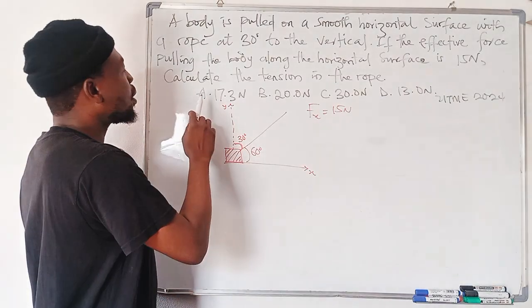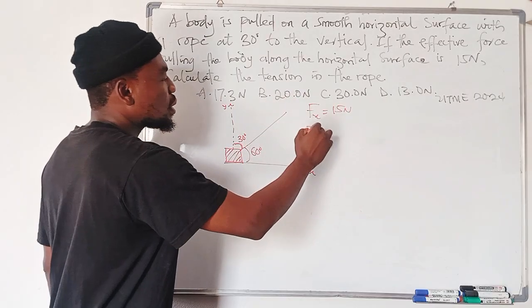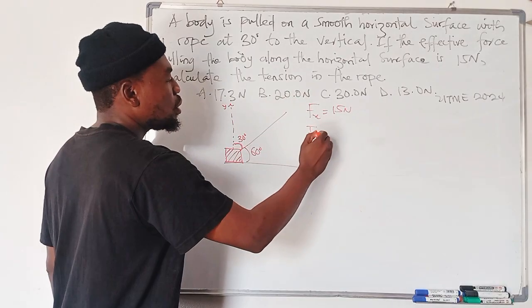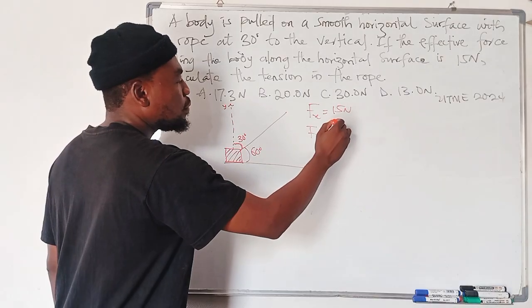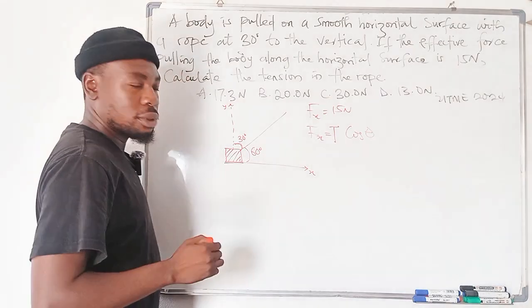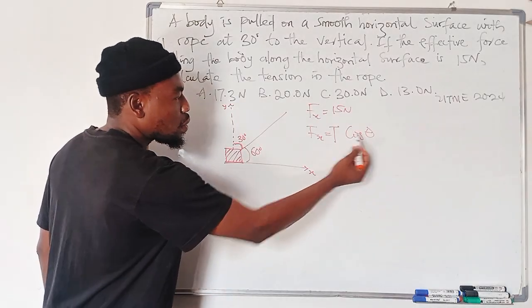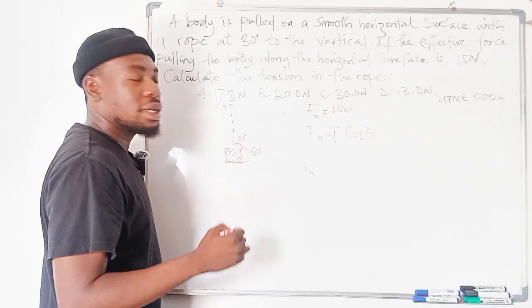Now they are asking us to calculate the tension on the rope. The tension on the rope along the horizontal will be equal to F of X equals T cos theta, because we are talking about the horizontal. The horizontal is always cos. The vertical is always sine.